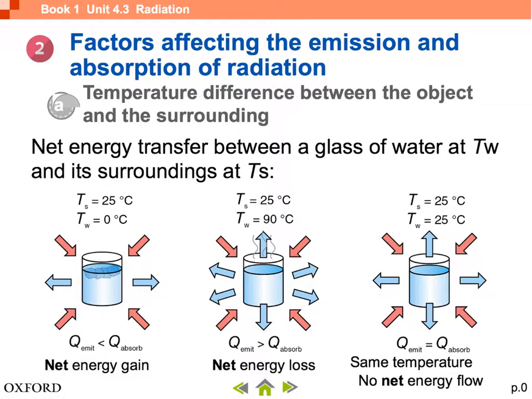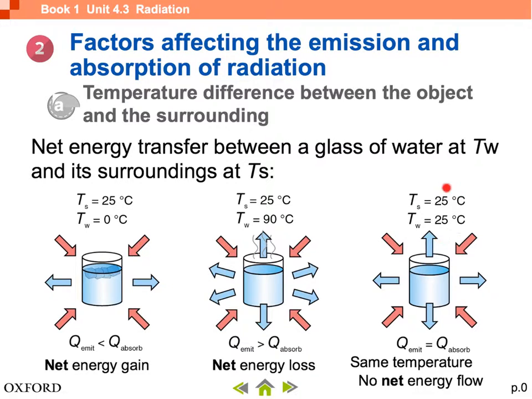Then you may ask, what if the water has the same temperature as the surroundings? Will there be no more process of radiation transfer? The answer is no. Both emission of radiations and absorption of radiations are still taking place.